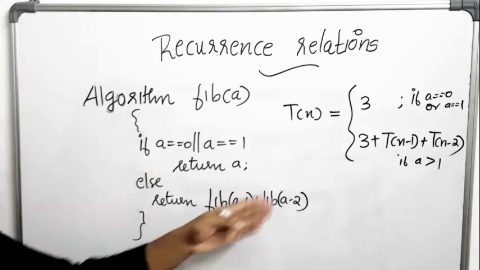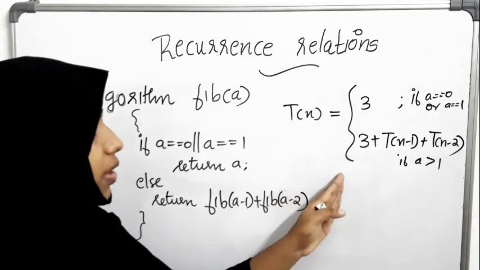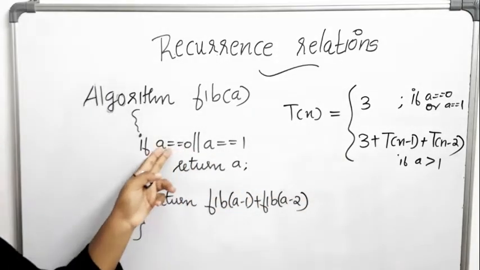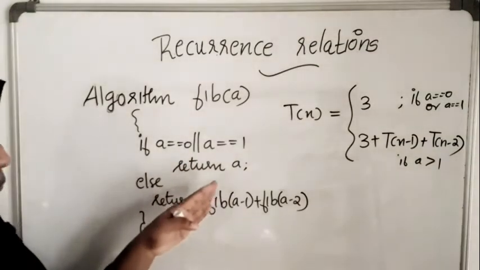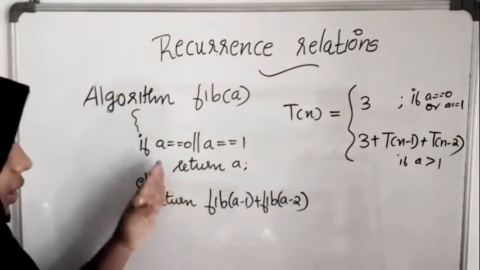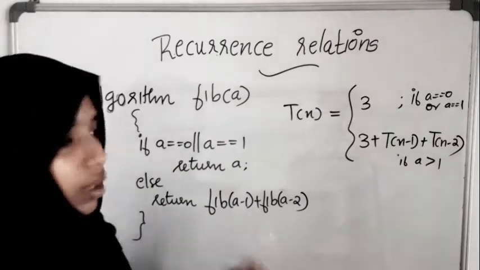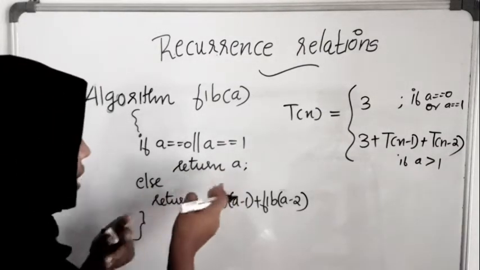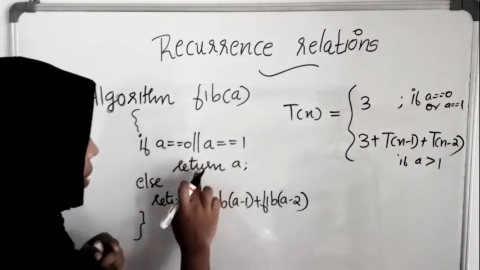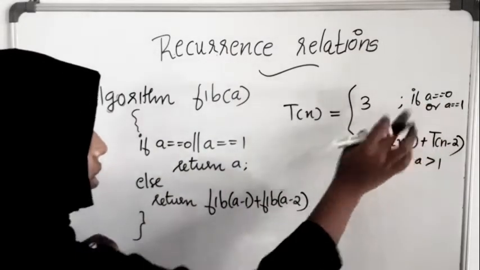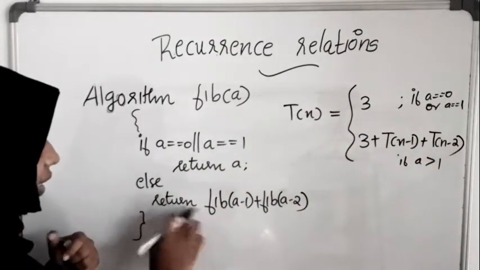Okay, so this approach of writing down the recursive relation is pretty straightforward. You just count the number of operations required for carrying out each and every statement. Here 1, 2 and 3 when A is equal to 0 or A is equal to 1, else return.